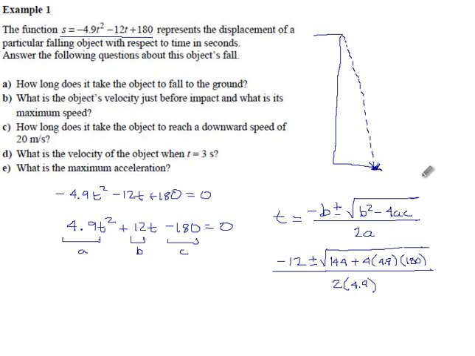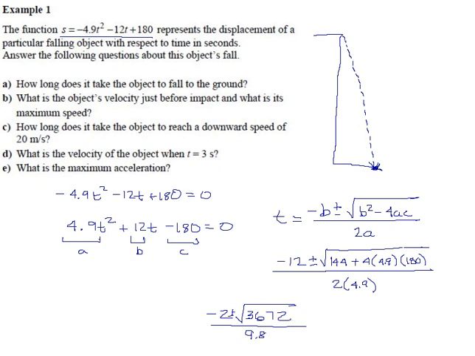So, out come the calculators. 144 plus 4 times 4.9 times 180. The radicand is 3,672. And that's minus 12 plus or minus the root, and it's all over 9.8.